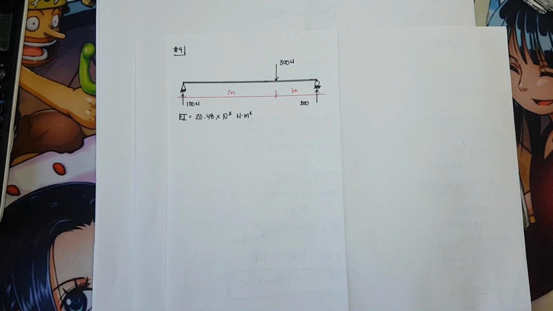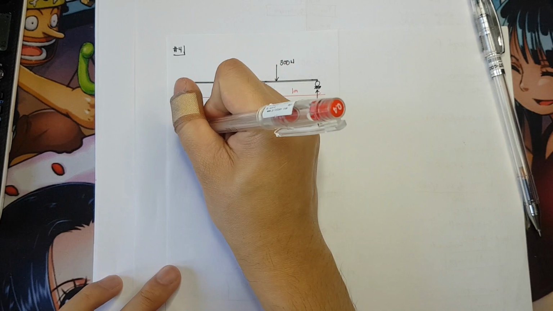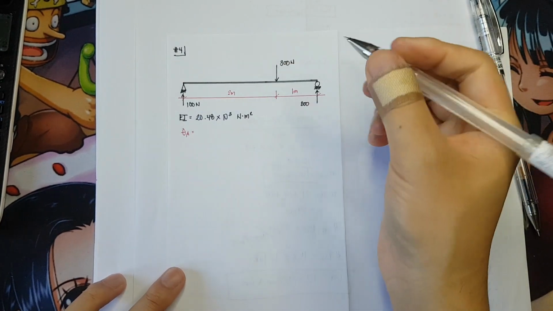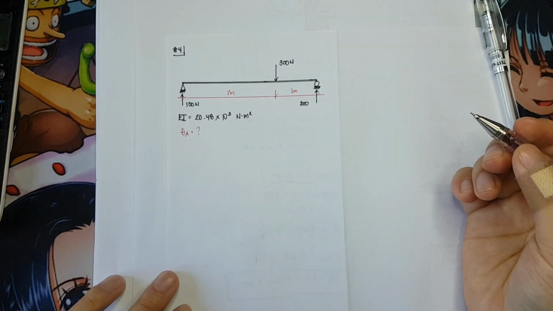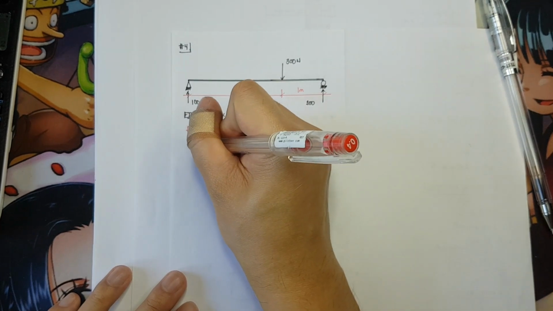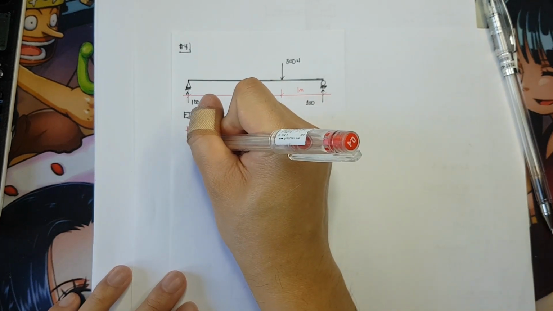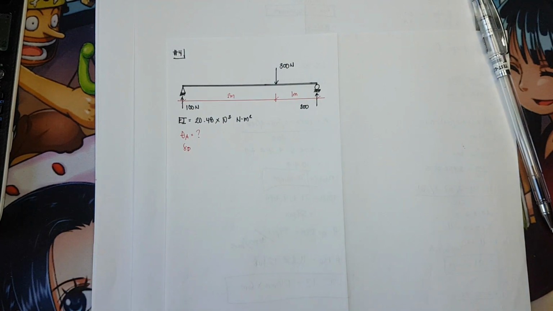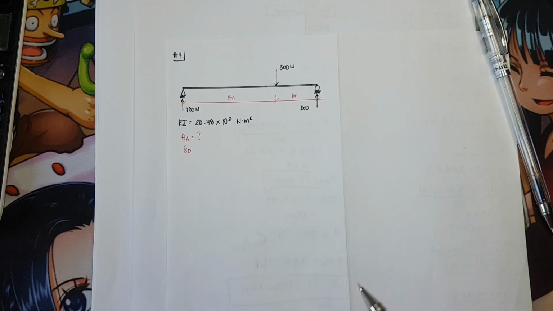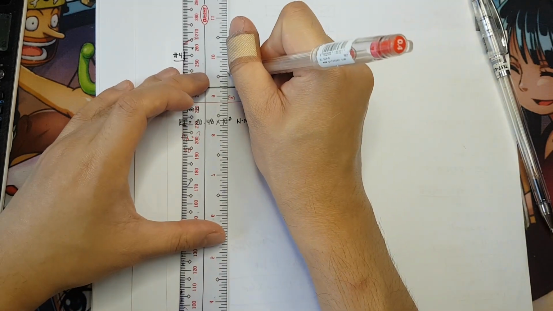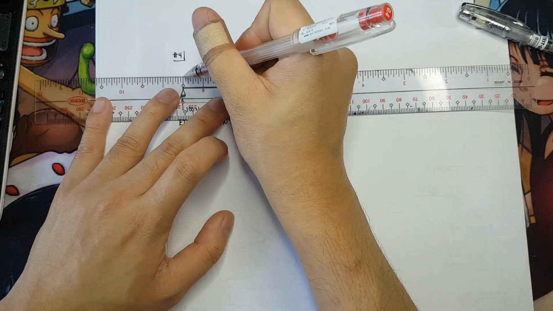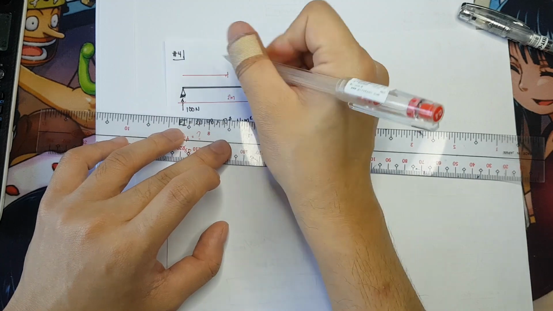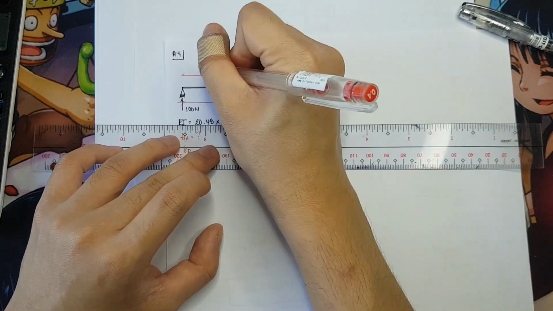Determine the slope angle of the elastic curve at A. So we need to determine theta A, and we also need to determine the displacement at point D. Point D is 1 meter from the left support. So this is point D.